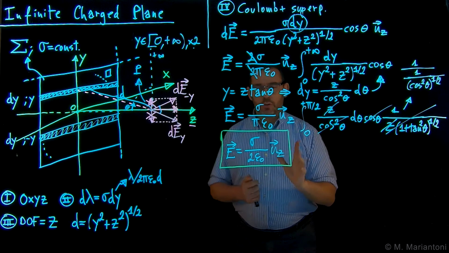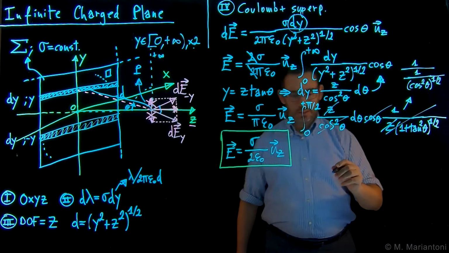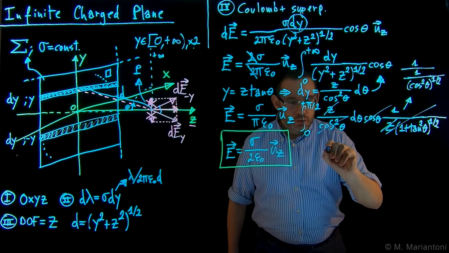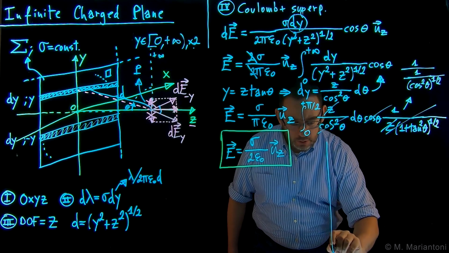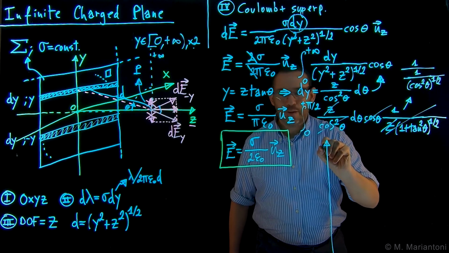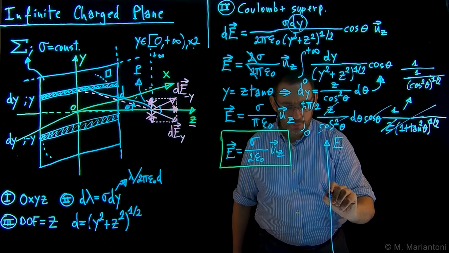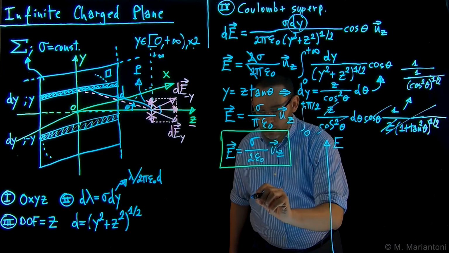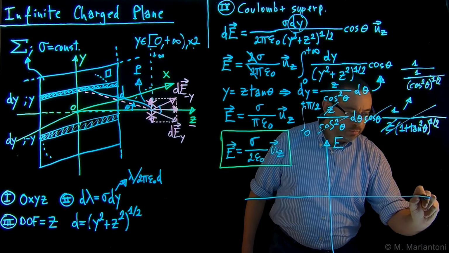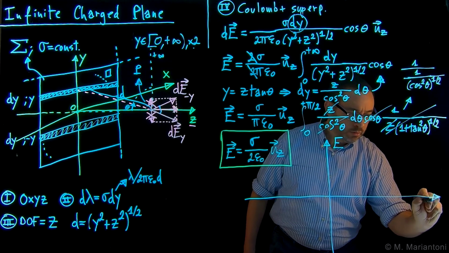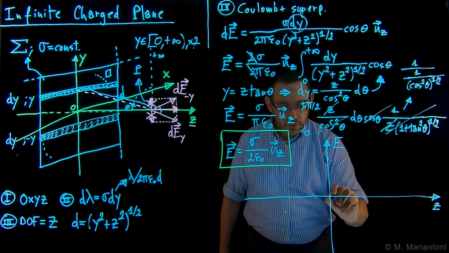Okay, so let us try to plot this field here. If this is our axis with the magnitude of E for an infinite plane of charge, and this is our z-axis, this is the origin.